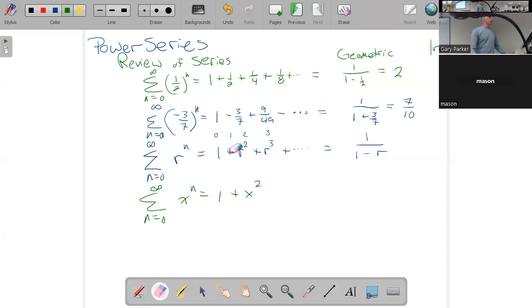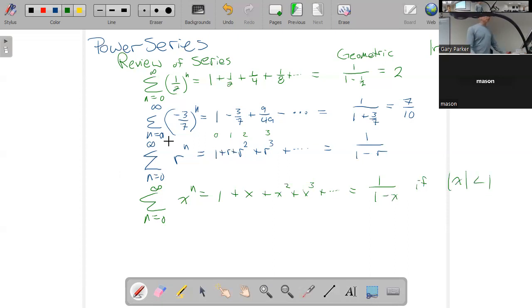Typo. Okay, let's squeeze it in. This should be 1 plus x, then plus x squared, plus x cubed, and so on. And this will converge to 1 over 1 minus x if, according to the geometric series test, the absolute value of x is less than 1.